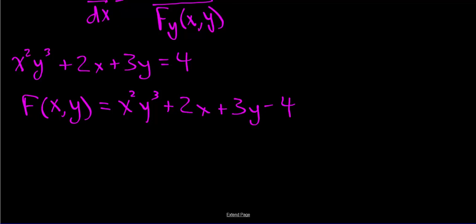Now I want to go through here and differentiate the way we've always done it back in Calculus 1, implicit differentiation. So I differentiate this first product: 2x y cubed plus 3x squared y squared. I just used the product rule on this: derivative of the first times the second plus the derivative of the second times the first.